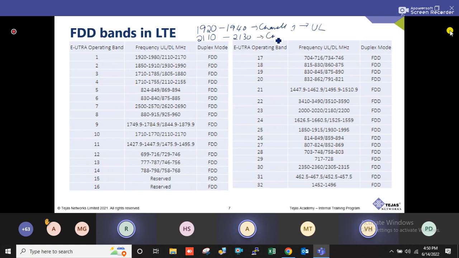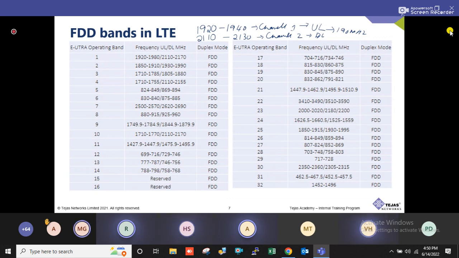That is not possible. It has to be a paired frequency, because as the standard says, there should be a gap of 190 megahertz as the duplex separation. Then only will the oscillator work, or else the oscillator will not work. You are getting my point now? Is it clear? Yes. Okay, thank you.